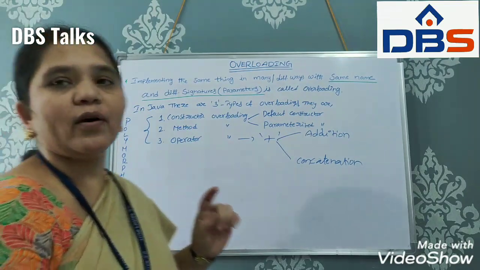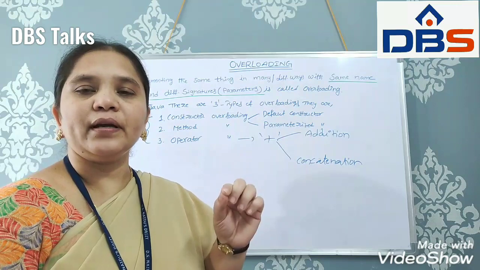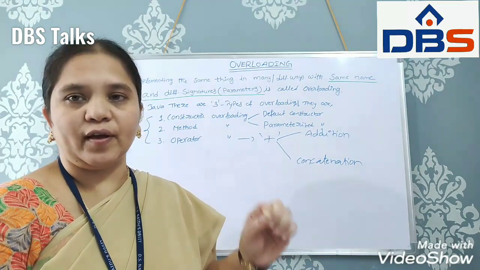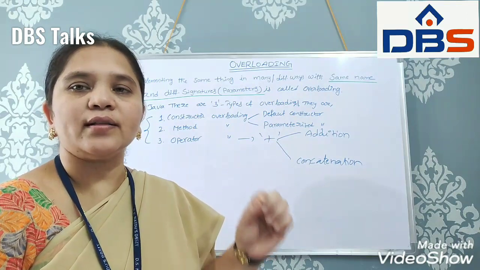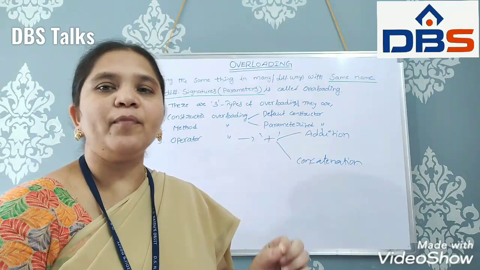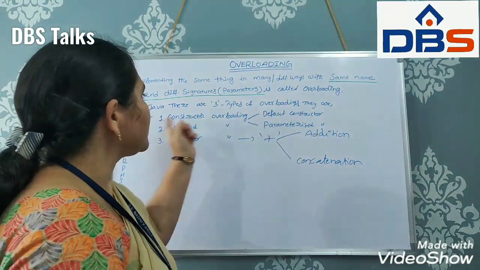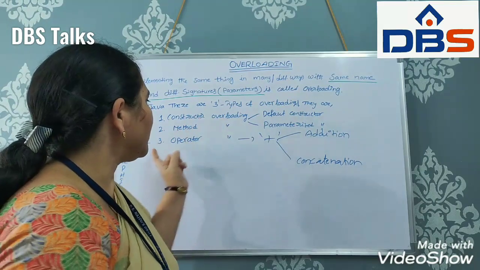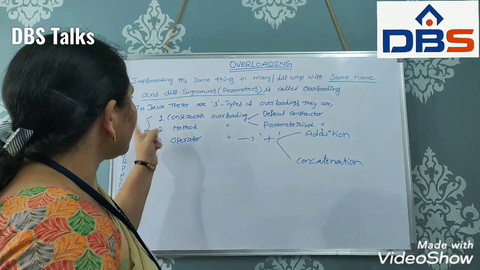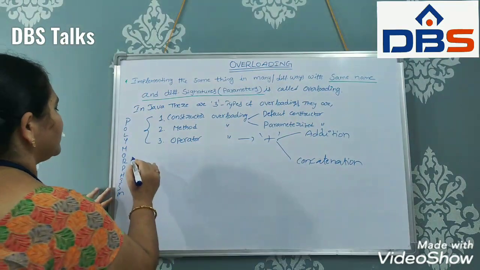So what is polymorphism? Executing or implementing the same thing in many or different ways is also called polymorphism. Polymorphism can be achieved by using these three types of overloadings: constructor overloading, method overloading, and operator overloading. Especially this type of polymorphism is called static polymorphism.